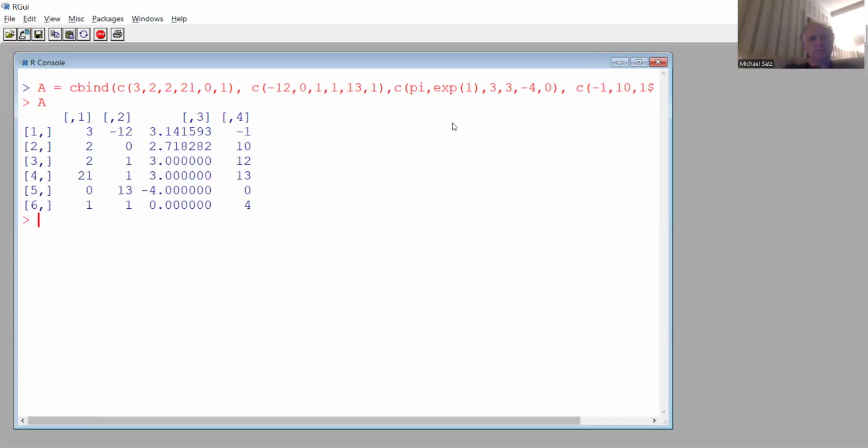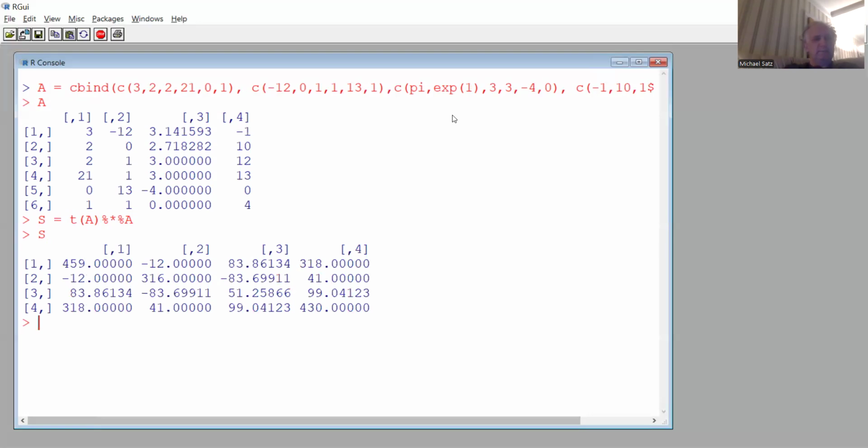Looks pretty crazy, but now to make S, I'm just going to go S equals t(A) times A. S is symmetric. Notice how it's symmetric, right? Did I get lucky there? No. I just figured if I took 4 columns of size 6 each, 4 vectors in R6, that they would not be dependent.